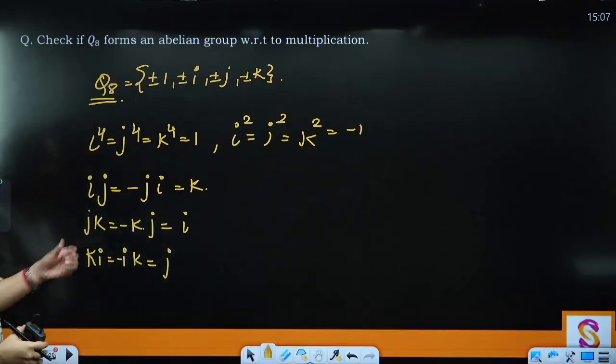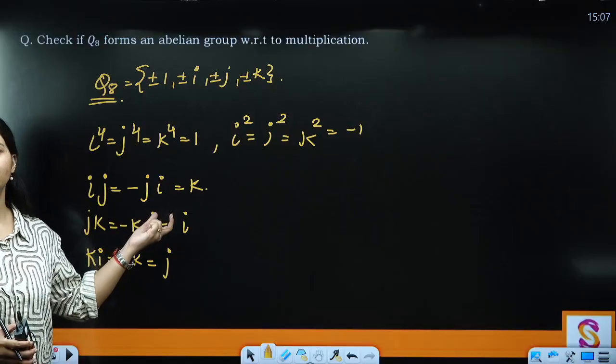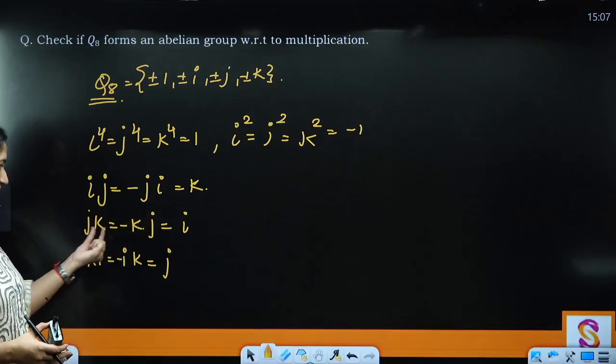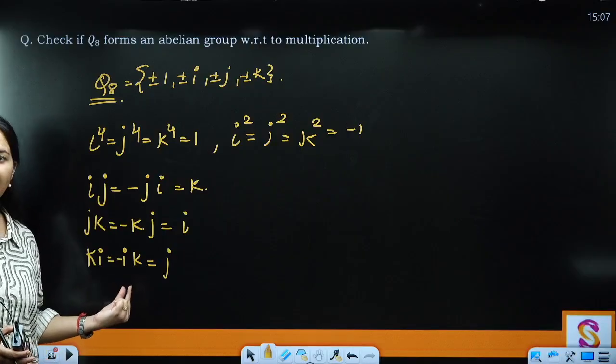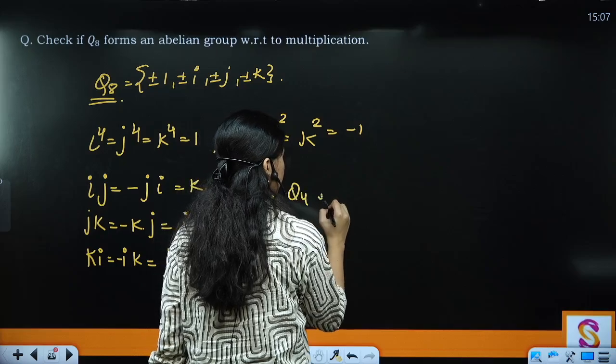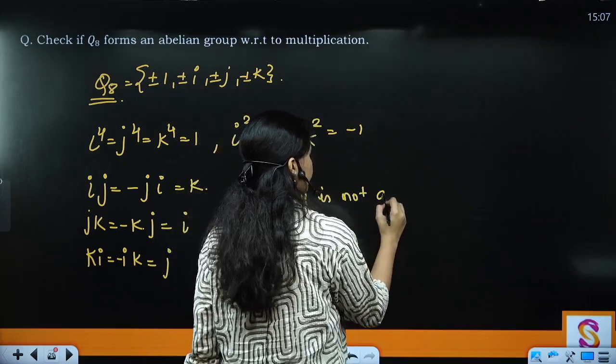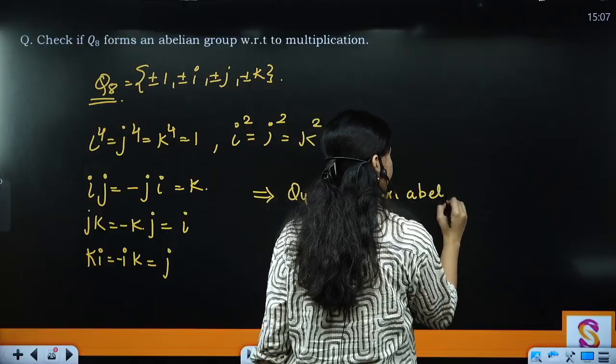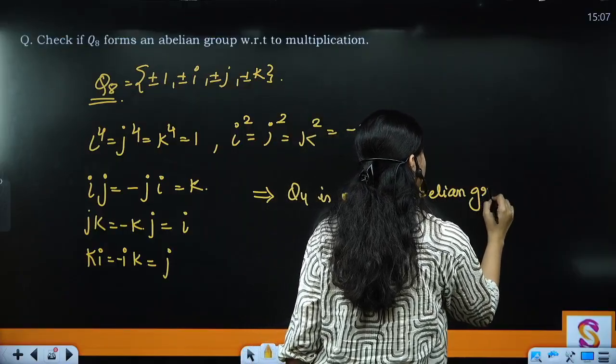So clearly we can see that ij is not equals to ji, jk is not equals to kj, ki is not equals to ik, right? So this implies that Q8 is not an abelian group.